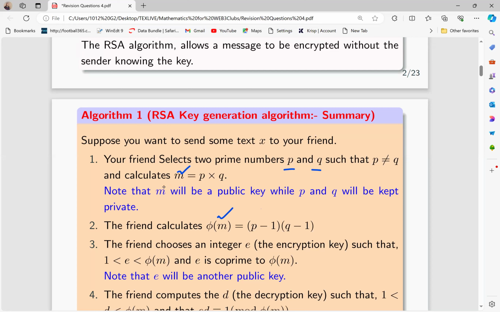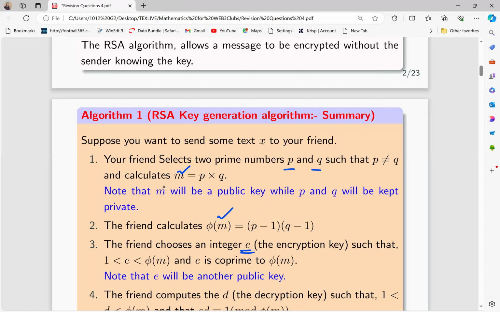Now, he chooses a number relatively prime to Euler phi of M. He doesn't calculate, he just chooses a number that is relatively prime. That number we shall call E.